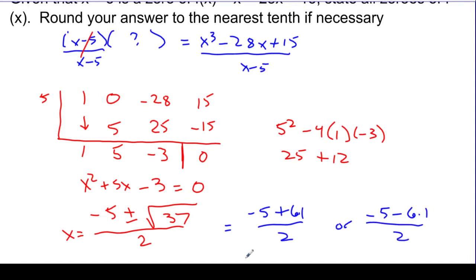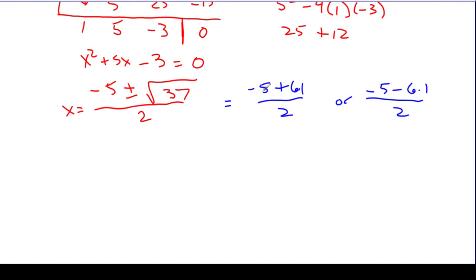If we do negative 5 plus 6.1, I get about 1.1 over 2, rounded to the nearest tenth is 0.5. When I do that to the other one, I get negative 11.1 over 2, which is about negative 5.5. You can do that simplification on your own, but I get these 2 answers.